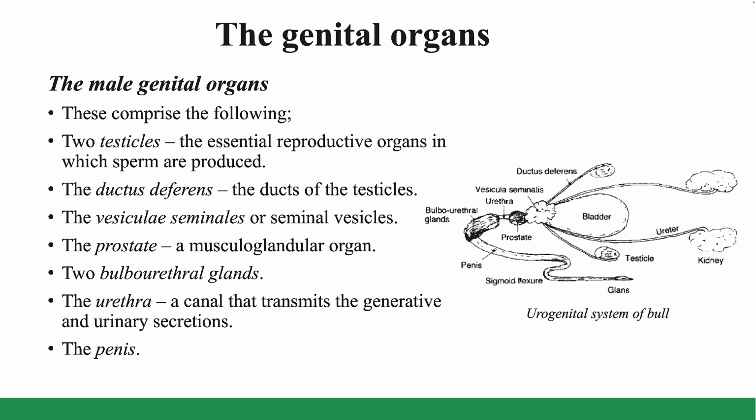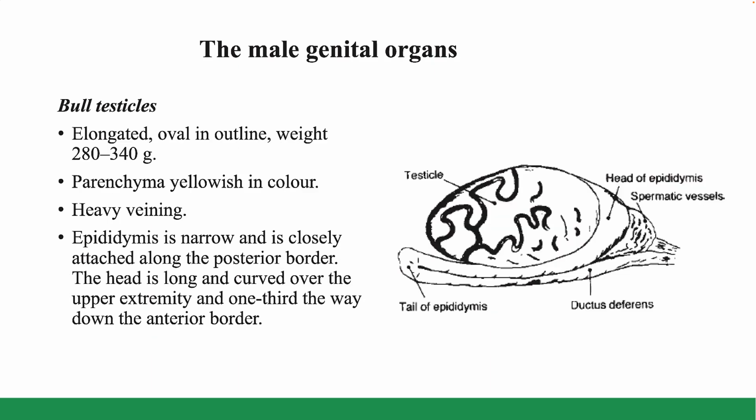These are the common features we have in male genital organs. For the differential features, we commonly just talk of the testicles, because the urethra and penis differ in terms of size and length. Urethra is just a tube. So our focus will be on the testicles because we normally consume testicles.